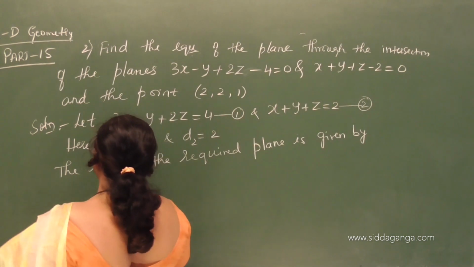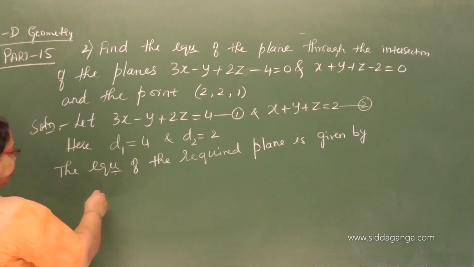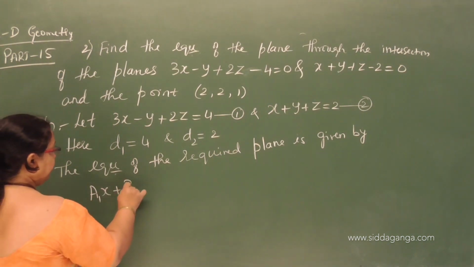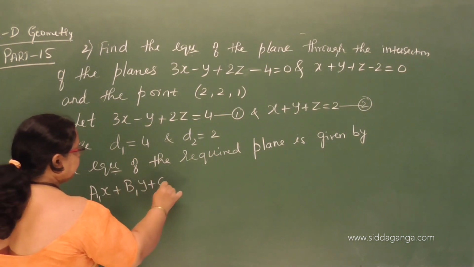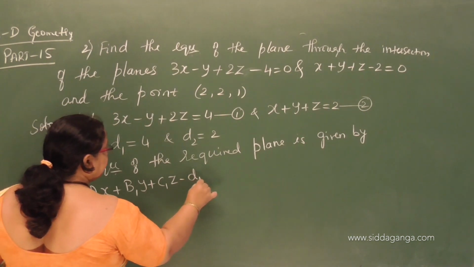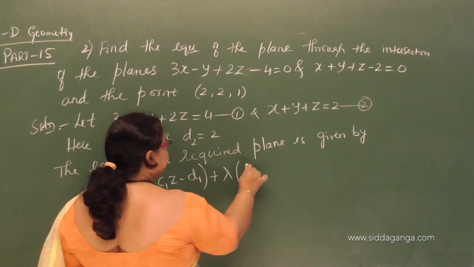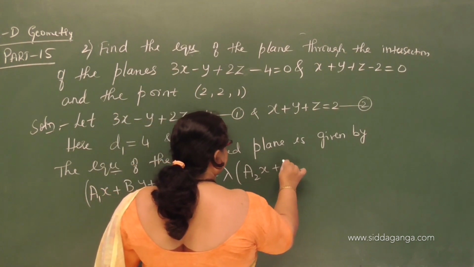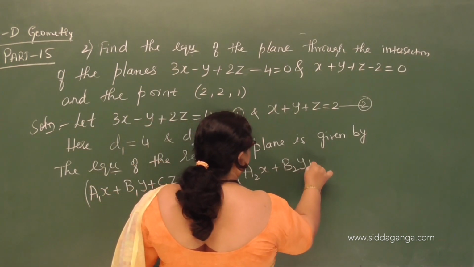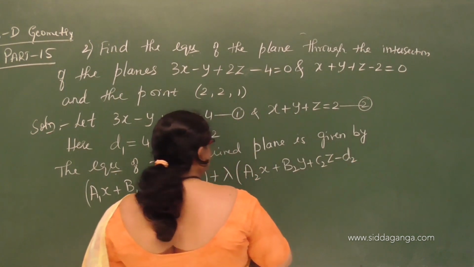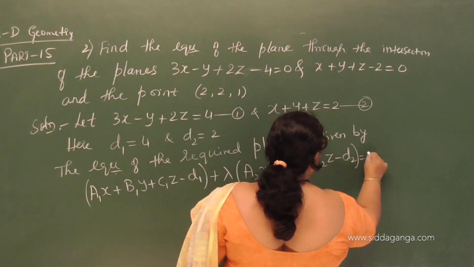You write that general equation, that is a1x plus b1y plus c1z minus d1 plus lambda into a2x plus b2y plus c2z minus d2 equal to 0.